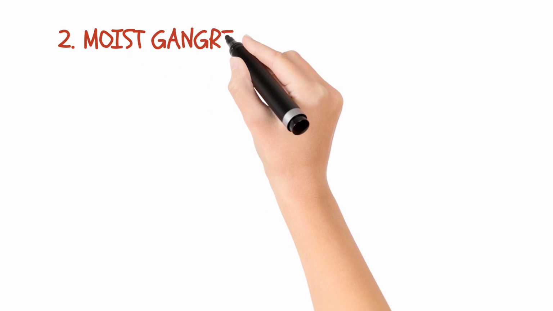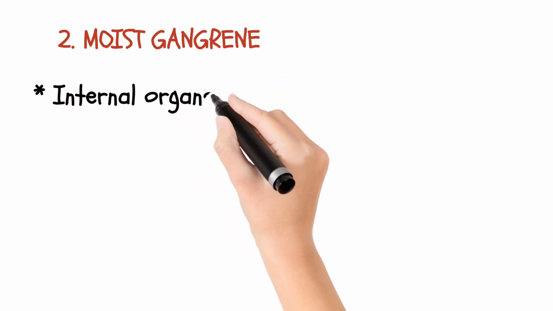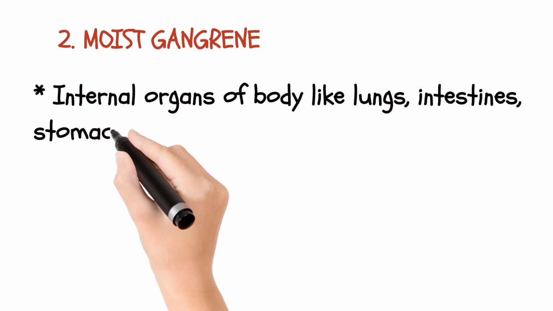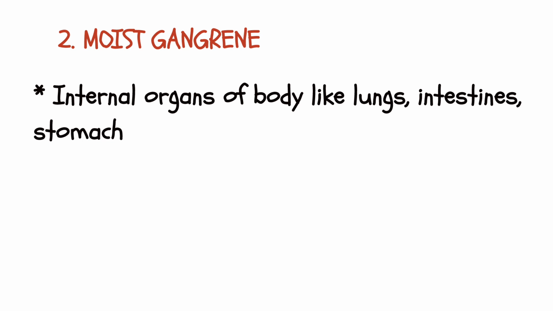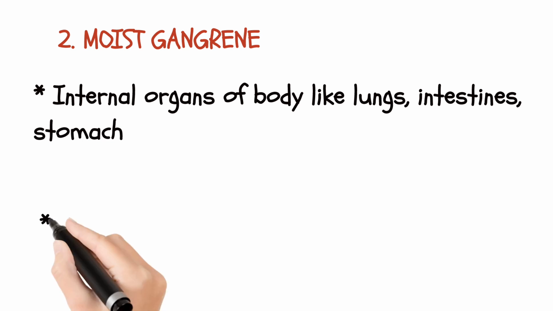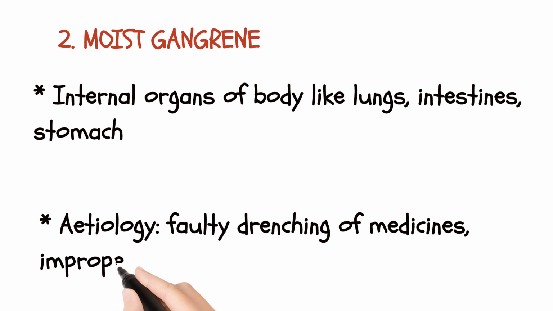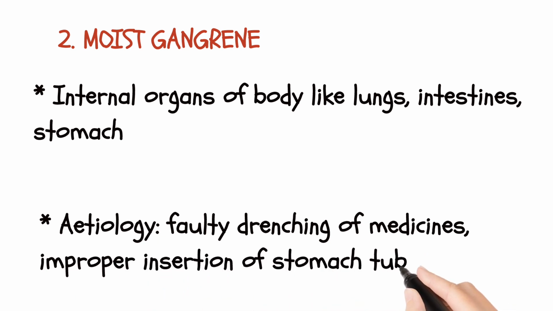Next is the moist gangrene. It occurs mostly in internal organs of the body like the lungs, intestines, stomach, and it causes dissolution of tissues due to necrosis and invasion of saprophytes. It's mainly caused by faulty drenching of medicines, improper insertion of stomach tube, torsion or twisting of the intestine, and so many others.